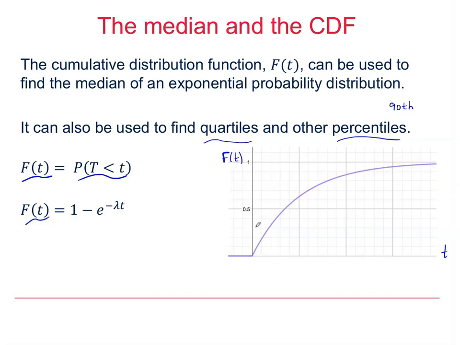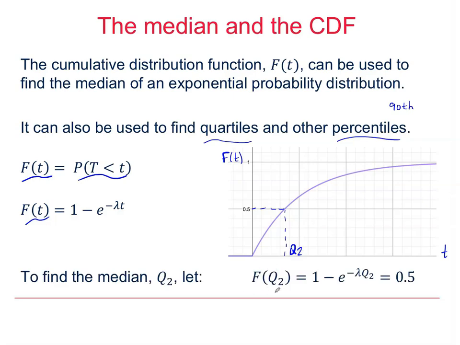Now, in order to find the median from a graph like this, we would run across at the 50% point until we meet the graph, and then drop down here to the t-axis, and the value that we reach on this axis then is going to be our median value.